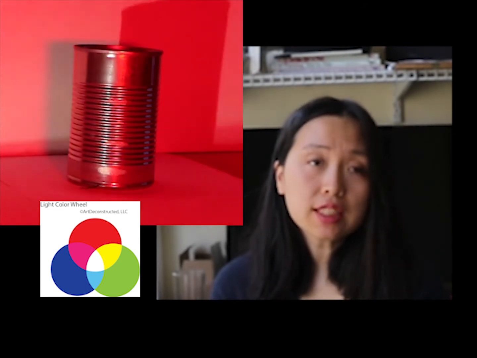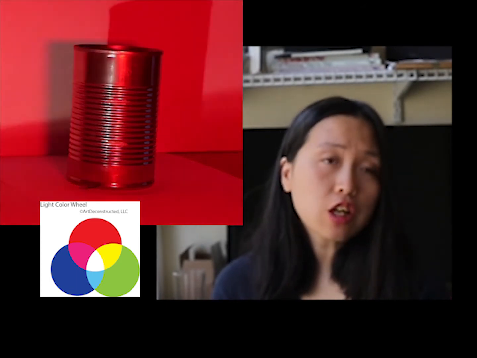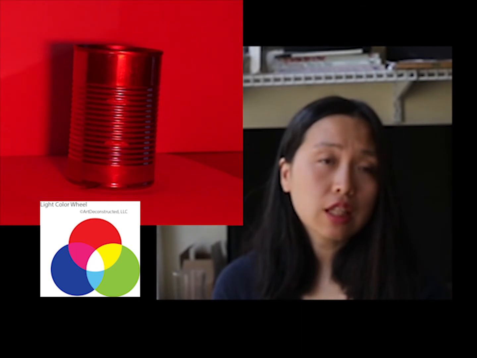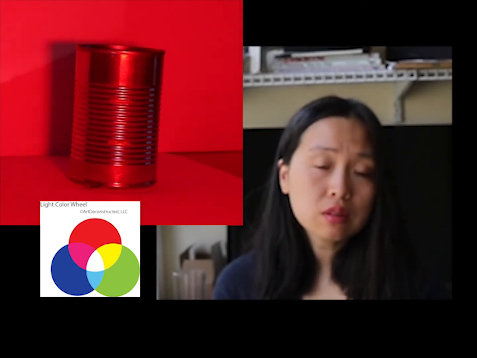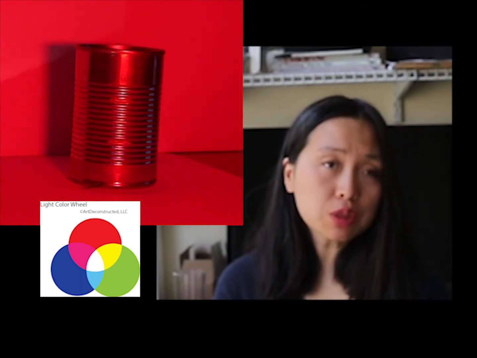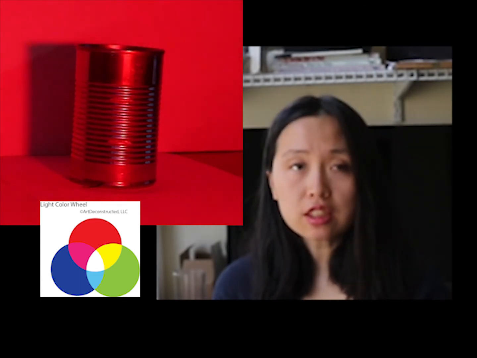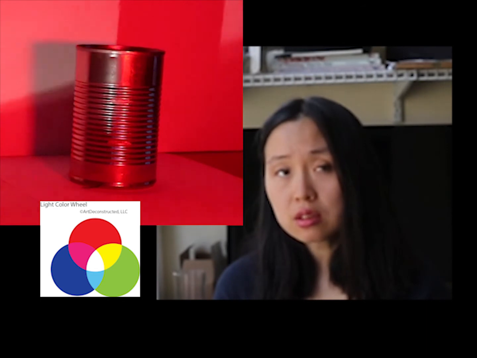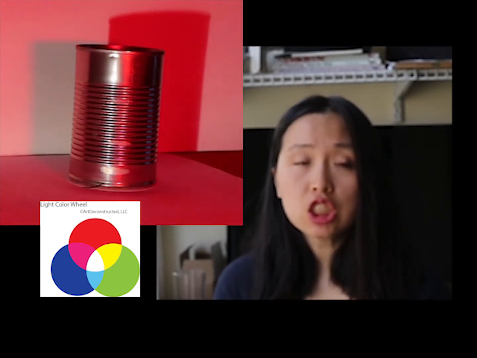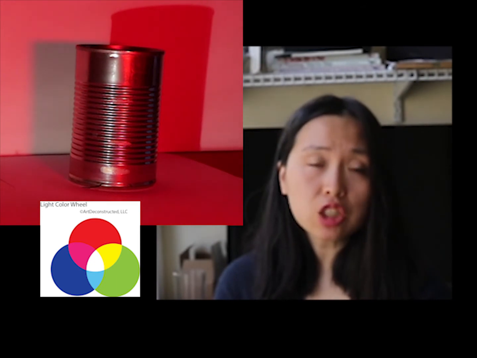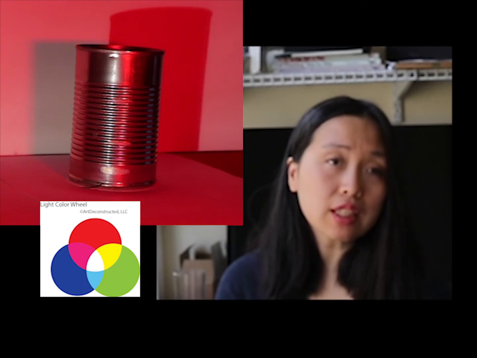We have a red light. I turn off the red light. That will give you just G and B, because the light source gives you RGB. The red light is turned off and is blocked by the object. So that means you only have G and B. G and B combined on the color wheel is cyan, and that's why you see cyan.